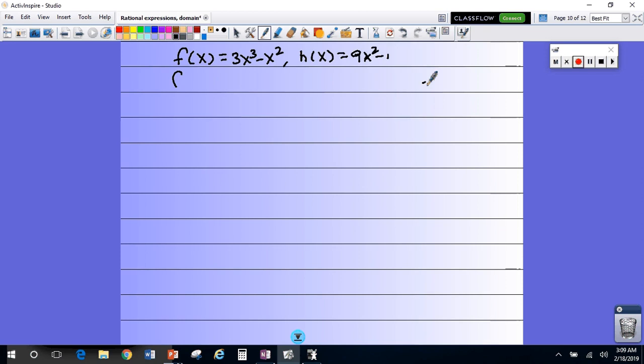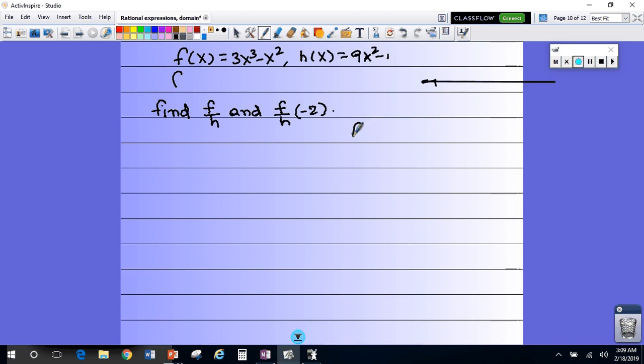So find f divided by h, and f over h of -2. Alright, I will pause for a minute and you solve this.